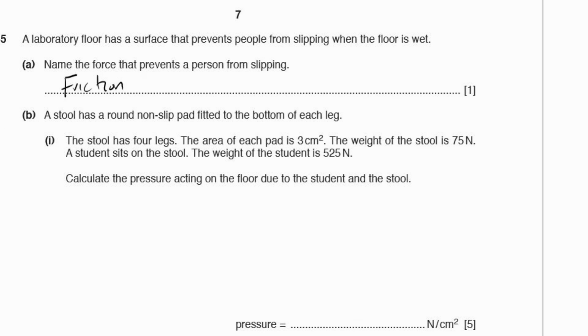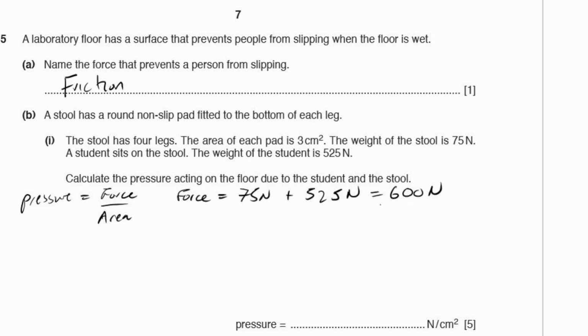Alright, first things first. Let's write our equation for pressure. Pressure equals force over area. Why is that important? Well, let's find out what the force is. The force is given by 75 newtons for the stool plus 525 newtons for the student, which is a nice round 600 newtons.